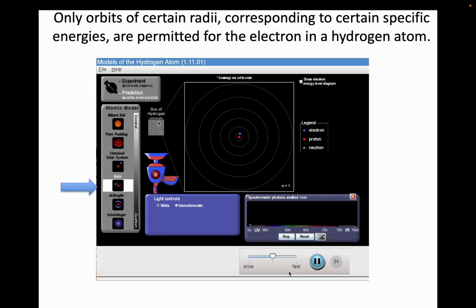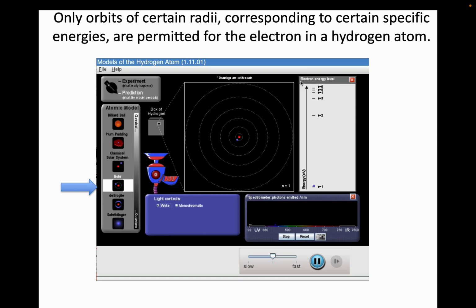So within Bohr's model, here are the different postulates. Only orbits of certain radii corresponding to specific energies are going to be allowed. Notice within the simulation, at the very center is our nucleus with a proton, and we see an electron in an orbit, like a ring around it.